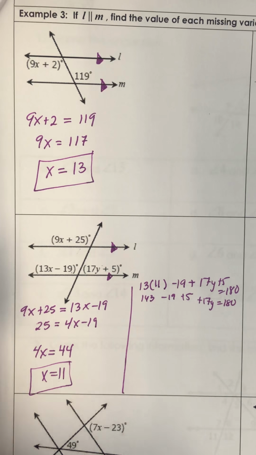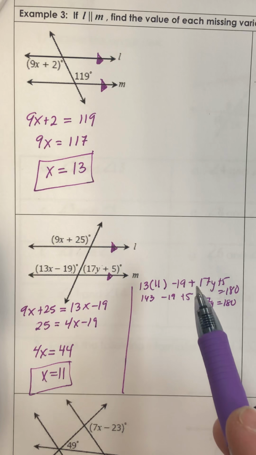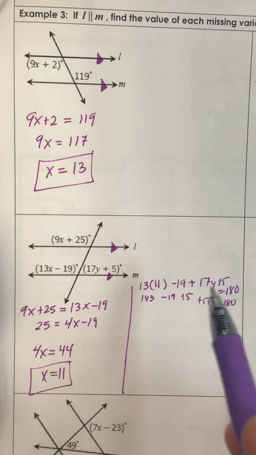Is that right? Yeah, 129. So 129 plus 17y equals 180. Okay? Let's see, subtract 129, so 17y is going to equal 180 minus 129, which is 51. Divide by 17, y is 3. Okay.